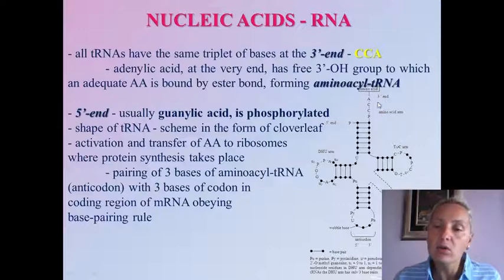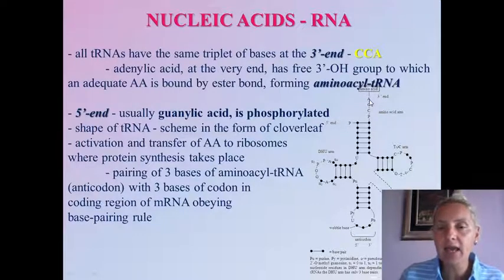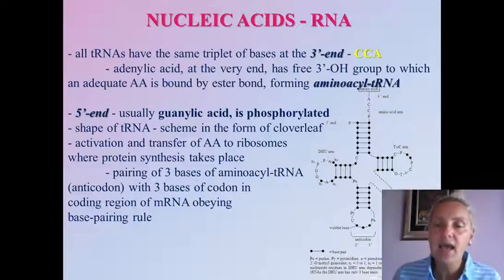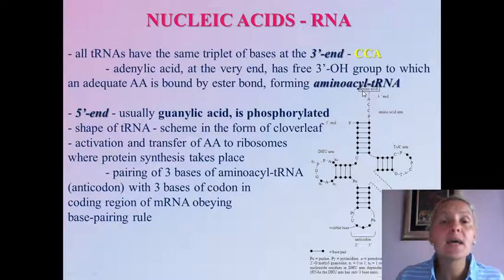All tRNAs have the same triplet of bases in the sequence, CCA, where A, adenylic acid, is the last, at the very end, and it has a 3' OH group to which an adequate amino acid can be attached by the formation of an ester bond, thus forming an activated amino acid, or aminoacyl-tRNA.